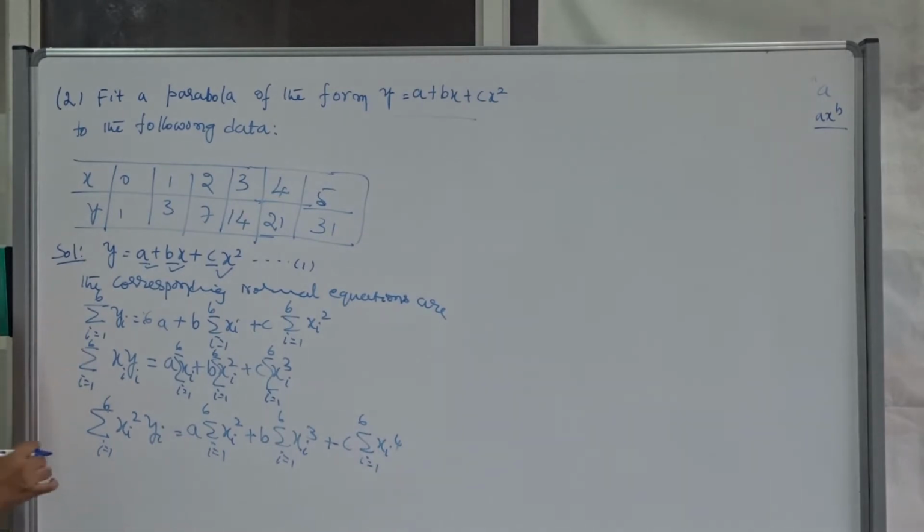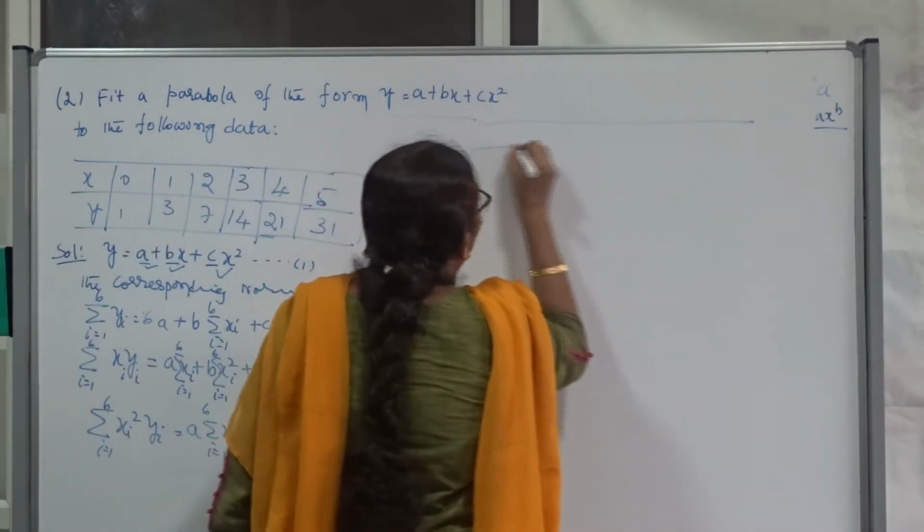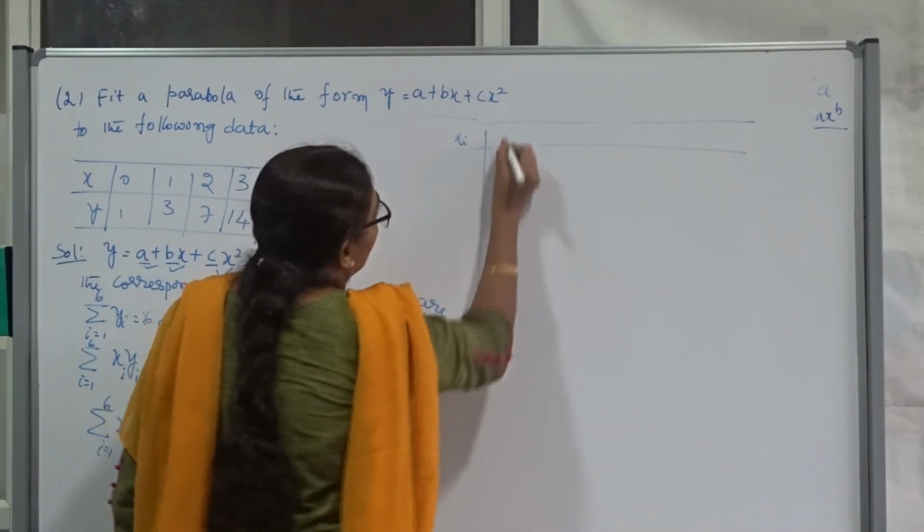Once you have the normal equations, as I told you very clearly, first you find the required values from the table. Therefore, consider the table here. The first two columns of the table are nothing but the given data.